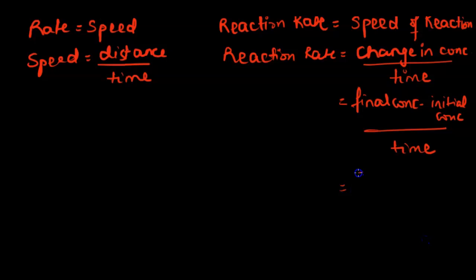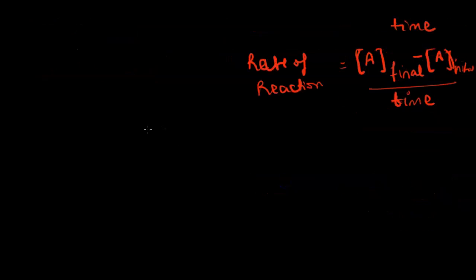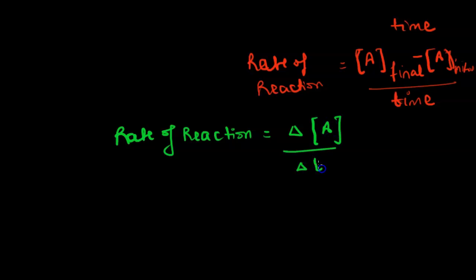If you want to write this down chemically, we can write concentration of A final, minus concentration of A initial, over time, equal to reaction rate. Always remember the square brackets mean concentration. So finally we can conclude that rate of reaction is equal to change in concentration of A over change in time. The sign delta means change, and A is just a variable. We can use any other variable apart from A here.